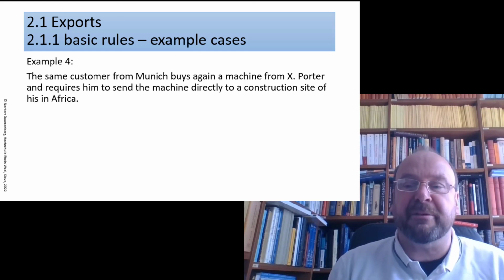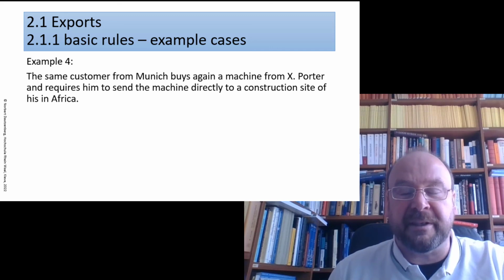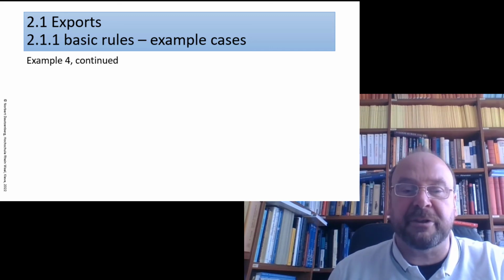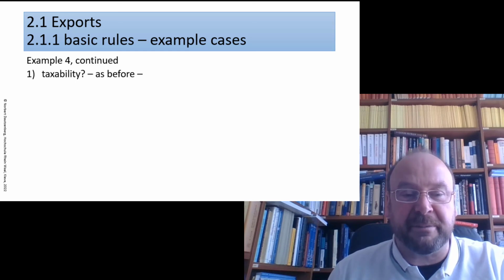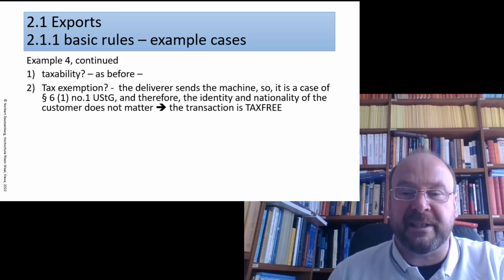The same customer from Munich buys again a machine from exporter and requires him now to send the machine directly to a construction site of his in Africa. Solution is now different. Taxability as before. Tax exemption: now exporter sends the machine to the third country, so it's 6.1 number 1, so the transaction is tax-free.